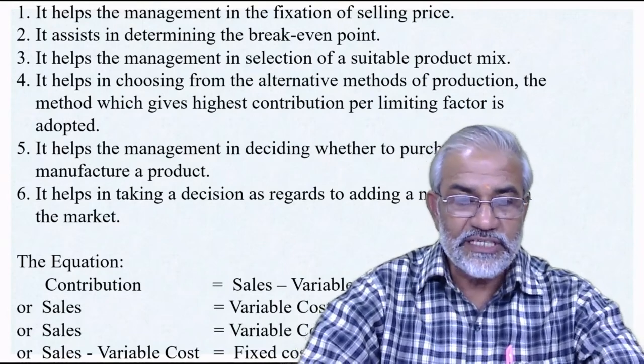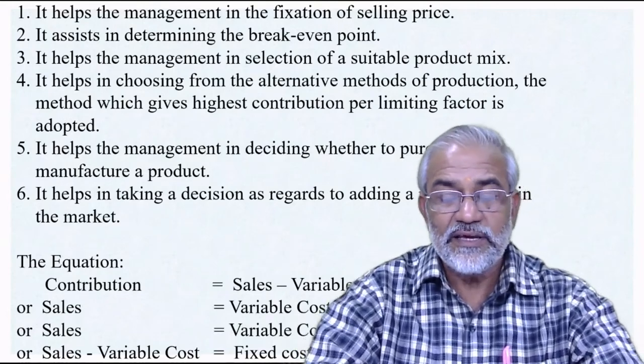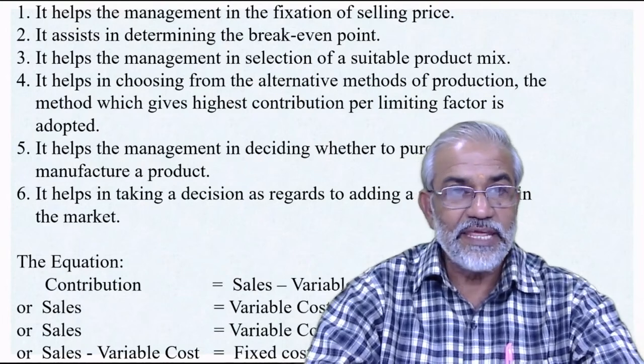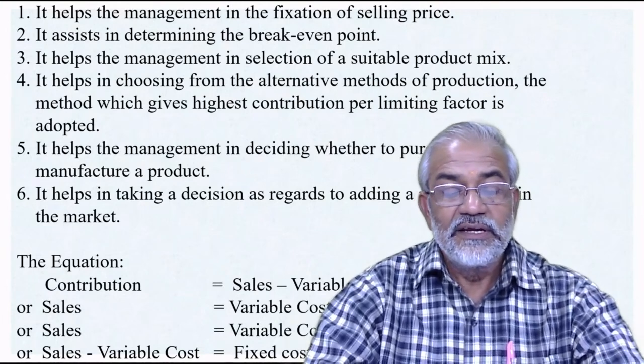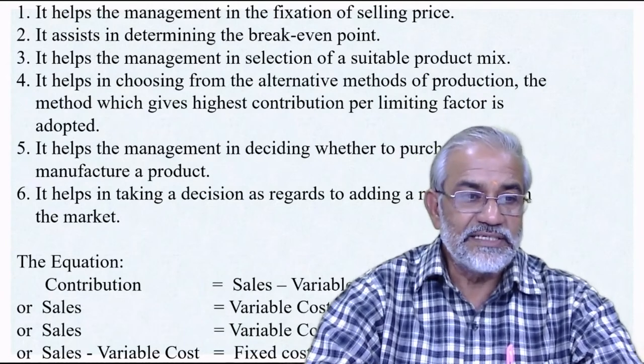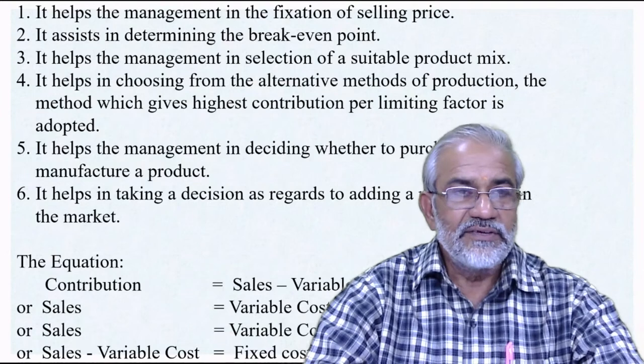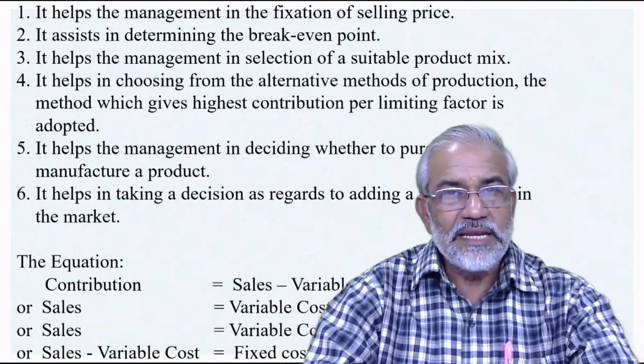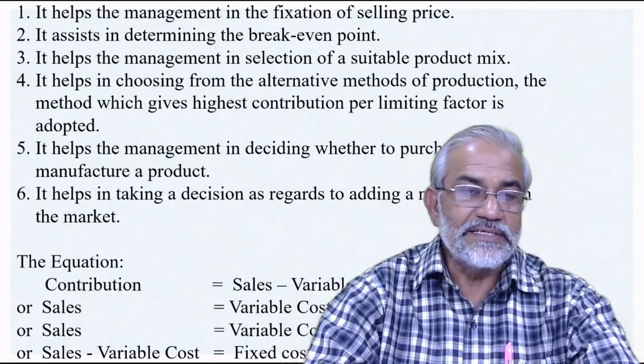Then, advantages of contribution. This contribution, which is exclusively in regard to the variable or marginal cost of the product, has certain advantages. The calculation of contribution has six advantages. The first advantage is it helps the management in fixation of selling price.